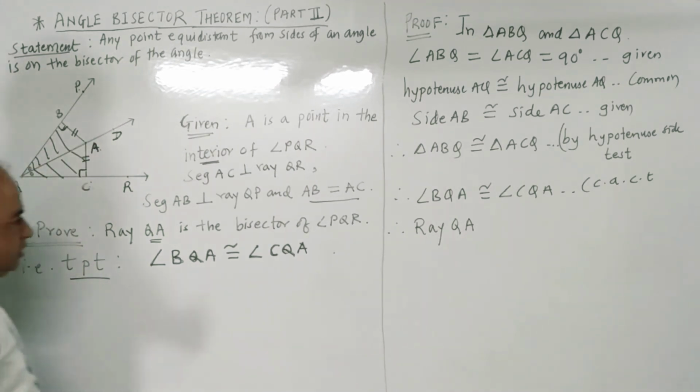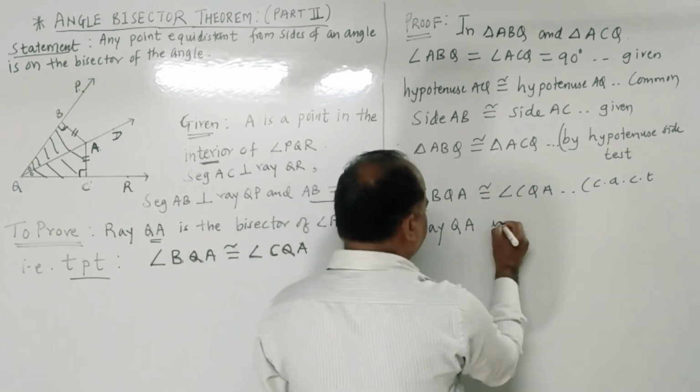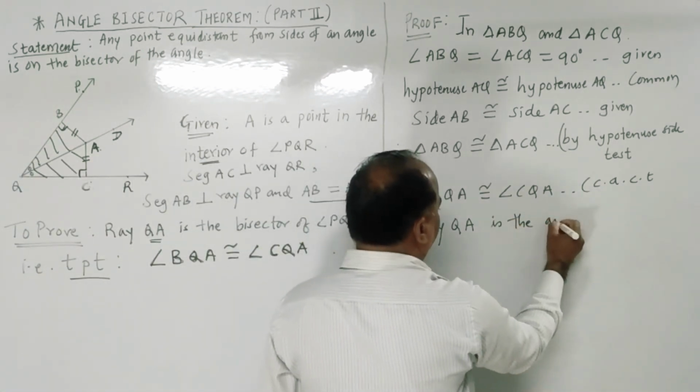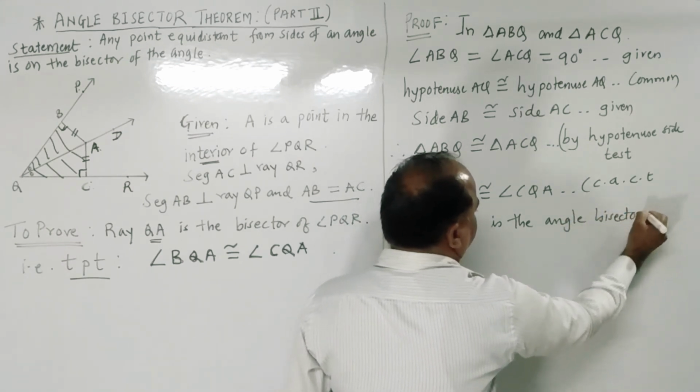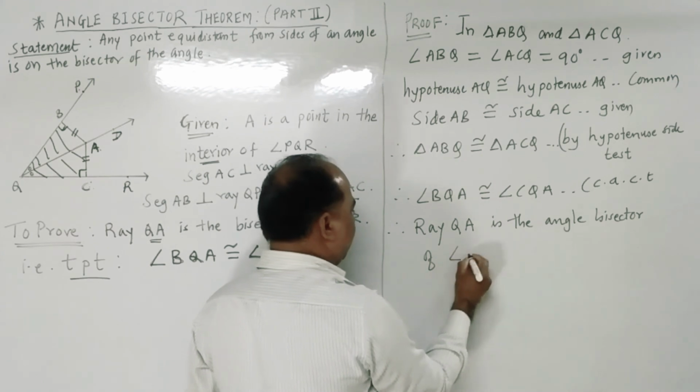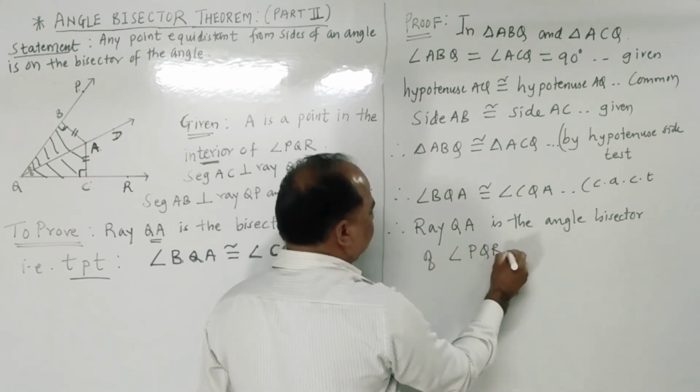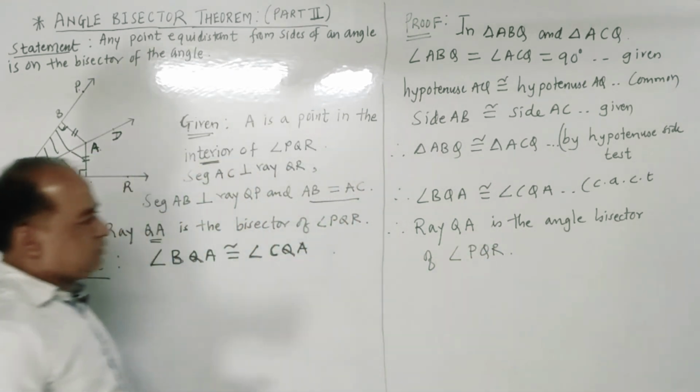So, this ray QA is the angle bisector of angle PQR.